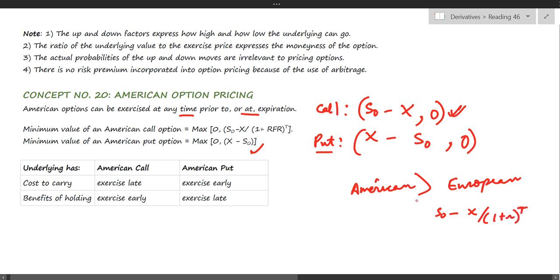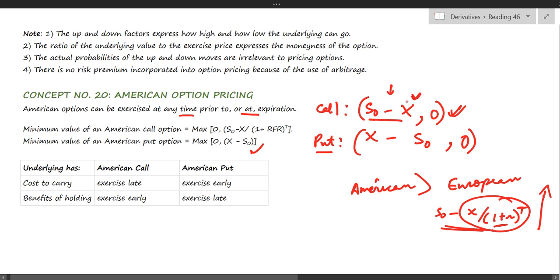So this means that the value of an American option cannot be less than this. But if you see, the value of this is going to be less than the value of this, because when you discount X, this figure will reduce, and as a result the value of this equation should be higher than the value of this equation.